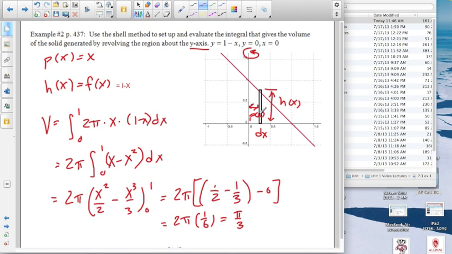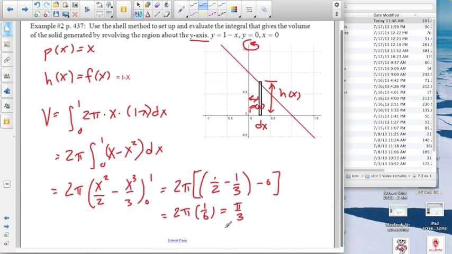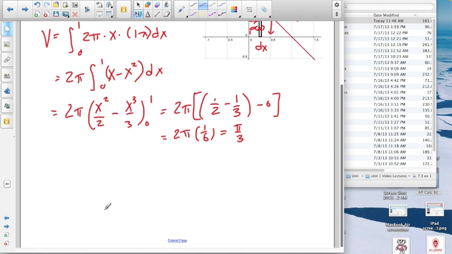And you might notice as you rotate this around the x-axis, what you're really getting is a cone.